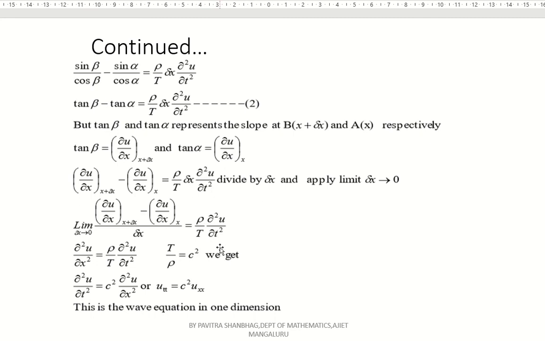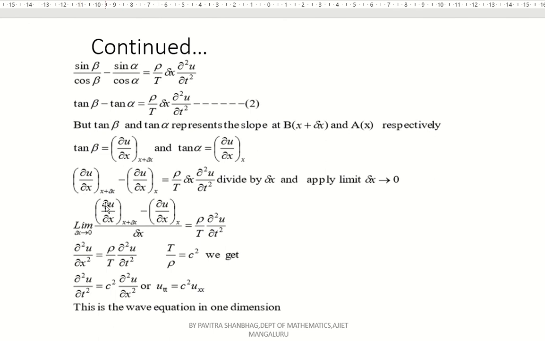Dou square u by dou t square. But everyone look into this. This is the definition of the partial derivative of dou u by dou x with respect to x. This is the definition of the first principle derivative dy by dx. How will you write it? f of x plus delta x minus f of x divided by delta x as delta x tends to 0, that is what? Dy by dx.